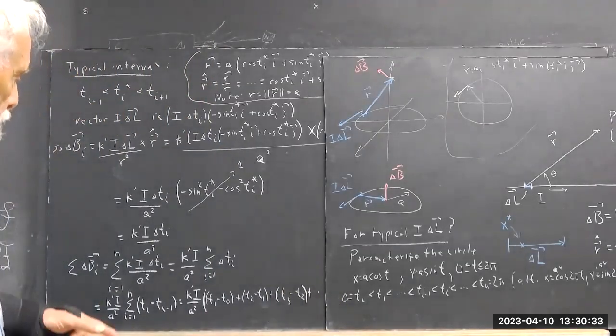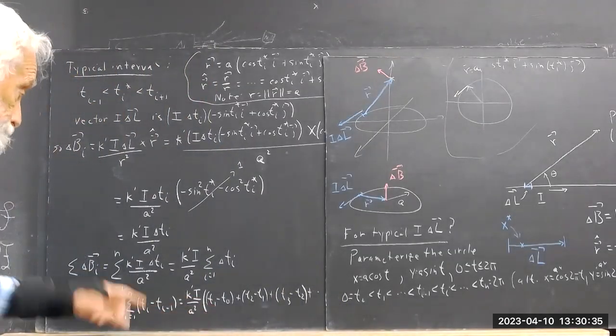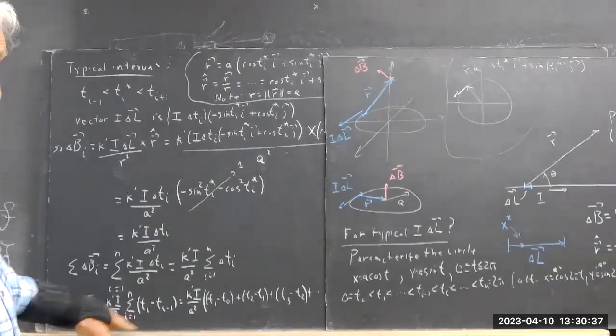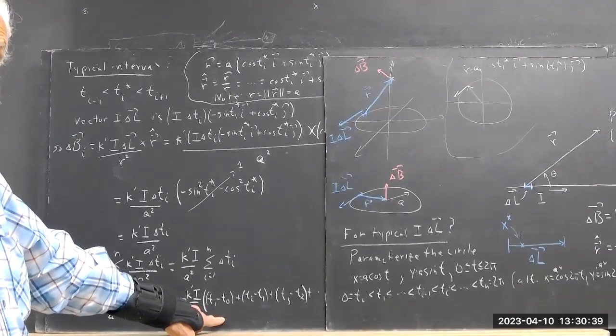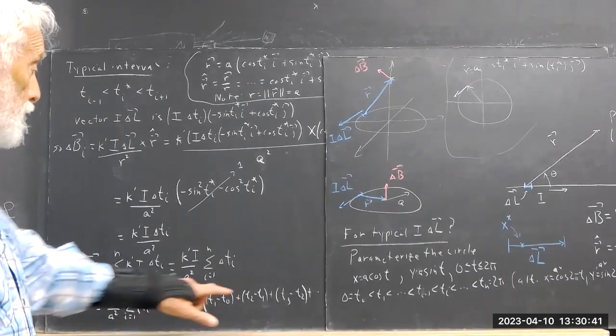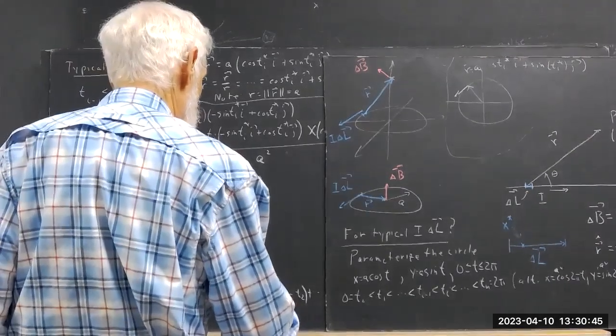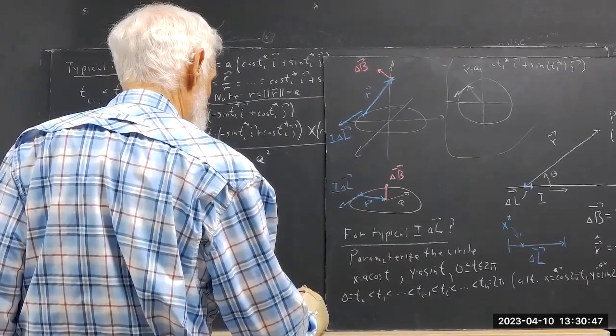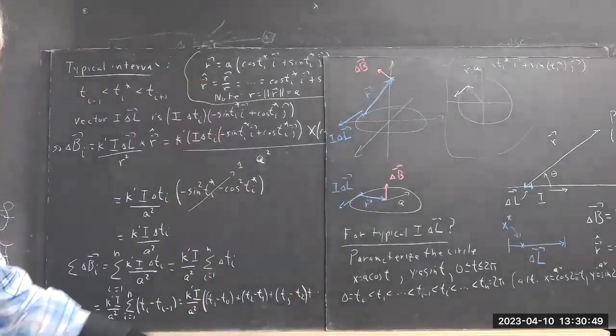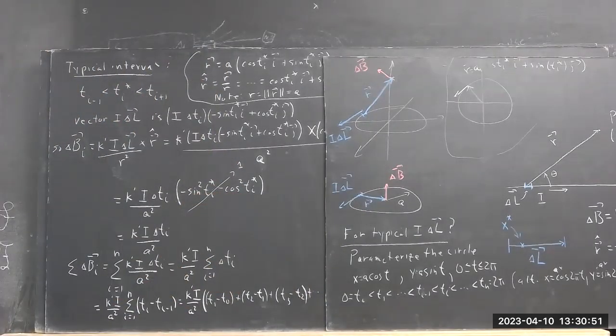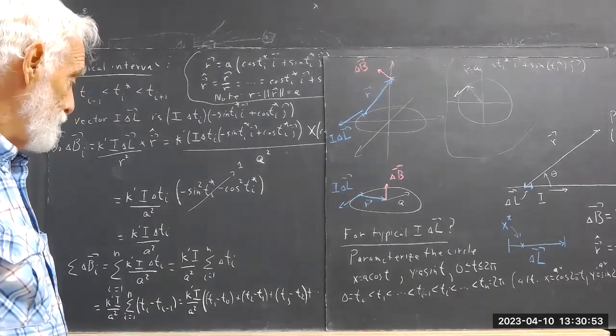You start this, you know, what's I equals 1, you get T1 minus T0. If I equals 2, you get T2 minus T1. If I equals 3, you get T3 minus T2. And it just keeps going. It should be obvious what's happening.